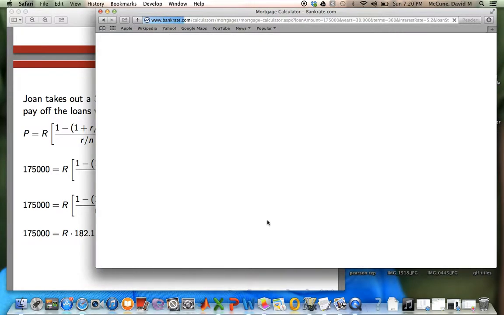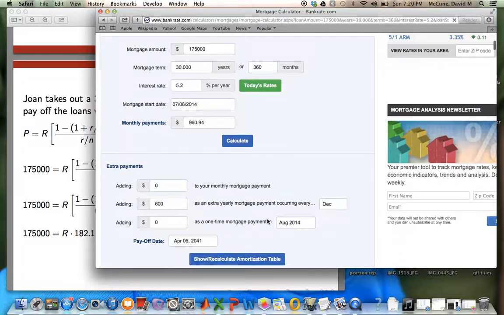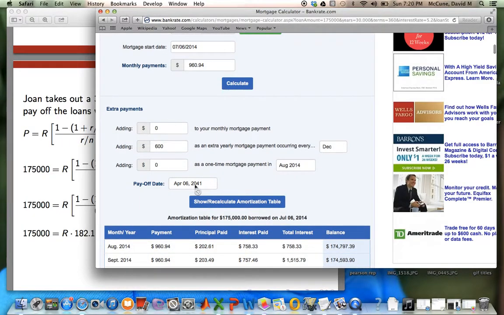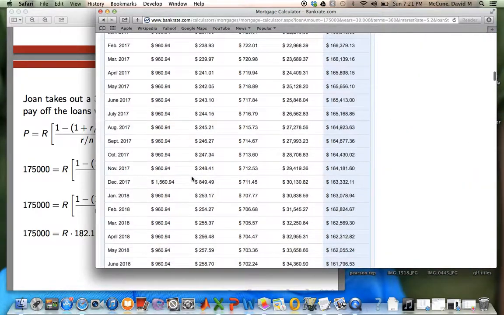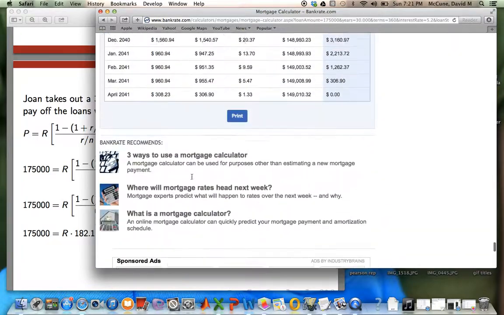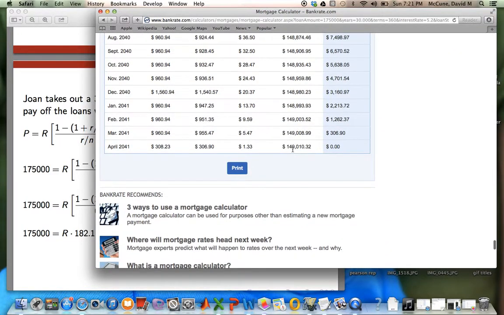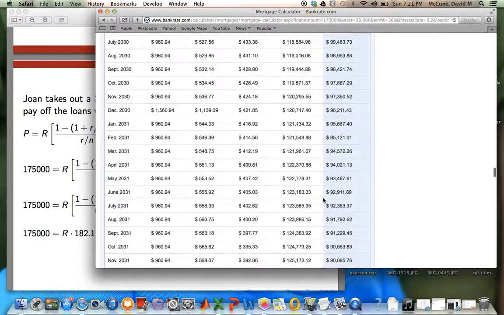So I can get a table for that. It tells me I'm going to pay it off in 2041. So $600 at the end of the year doesn't get it done as early as $60 every month. But again, I can figure out the total interest, 149 grand. So this time I only saved about 21 grand rather than 25 grand.